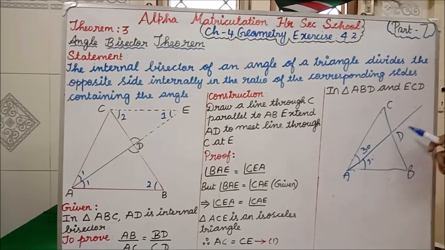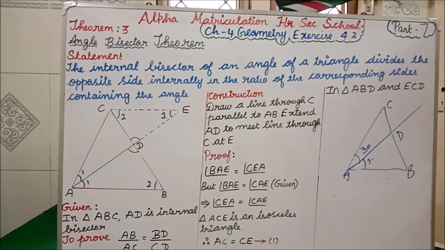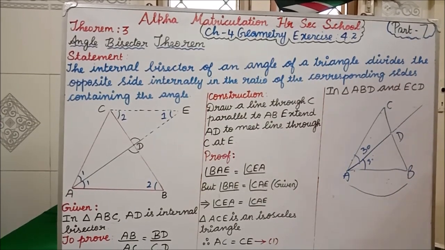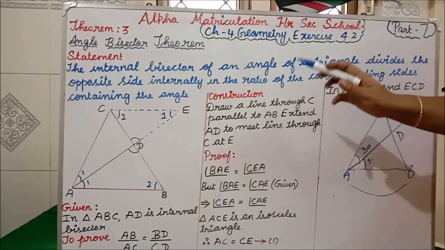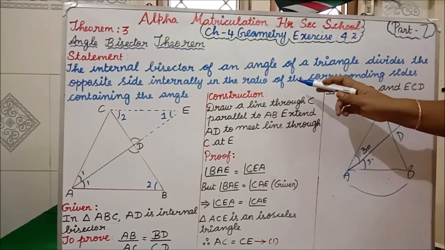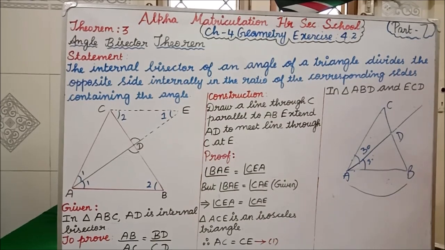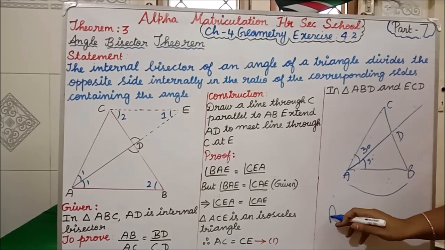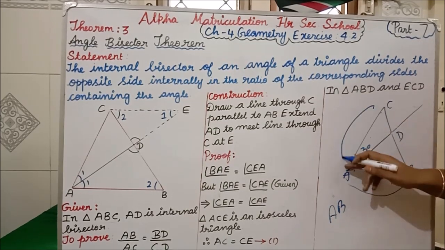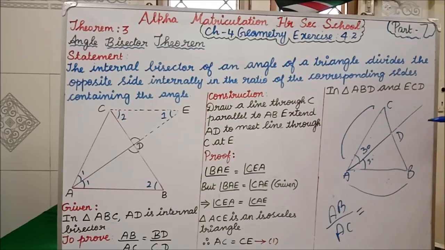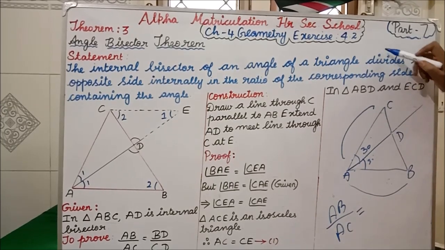Internal bisector means it makes the angle into 2 equal parts. So, we have drawn the internal bisector, and what we have to prove is the ratio of the corresponding sides containing the angle. Now, what is this side AB? This full length divided by AC is equal to, first, how the opposite side is divided.